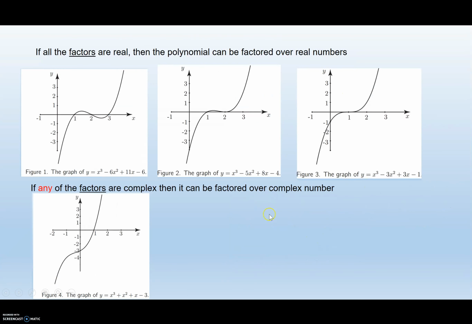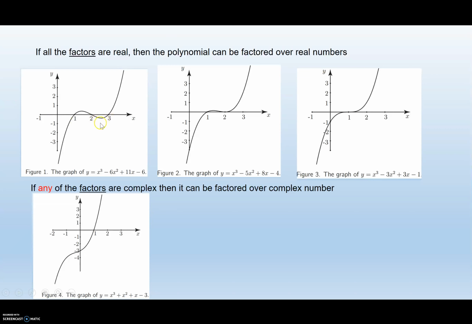So if we compare these four examples I have given, the first three examples from figure 1 to figure 3 are all factors of real numbers. That means the polynomial can be factorized over real numbers. This function has all three real distinct roots.